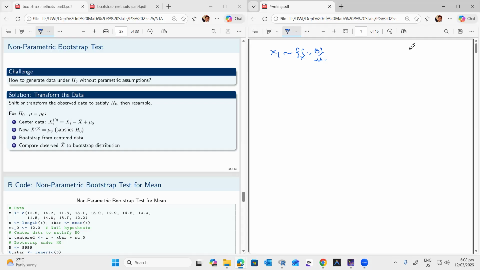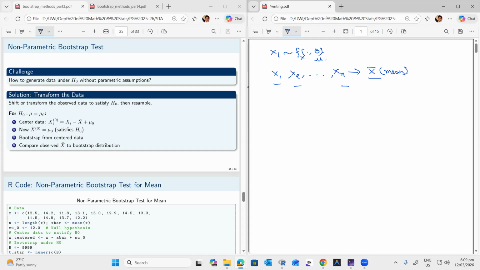They will give us some non-parametric data, say x1, x2, up to xn, and corresponding to that, if x bar is the mean, what we will do is subtract this mean from each observation to center the data at 0.